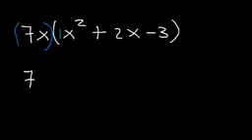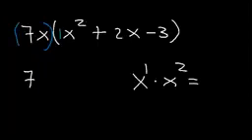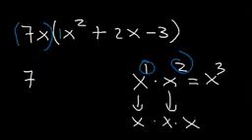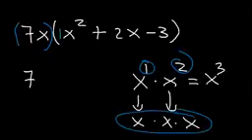Now what's x times x squared? x is the same as x to the first power times x squared. Whenever you multiply variables, you need to add the exponents. 1 plus 2 is 3. So this is x cubed. x to the first power is simply x. x squared is x times x. Together, you have a total of 3 x's multiplied to each other. That's why it's x cubed.